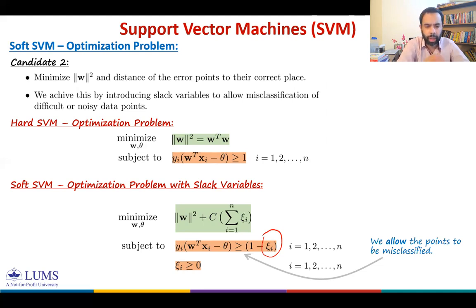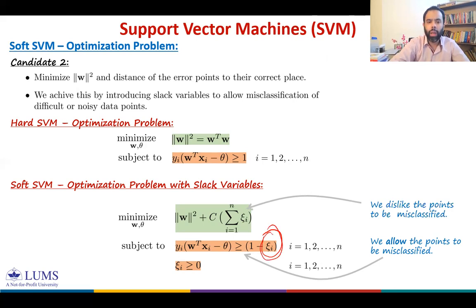So what's happening in the objective function? I have added C times the summation of psi_i because we allow the points to be misclassified, but we dislike the points to be misclassified. This psi_i is the flexibility we are offering in the boundary, and we're adding the same here.